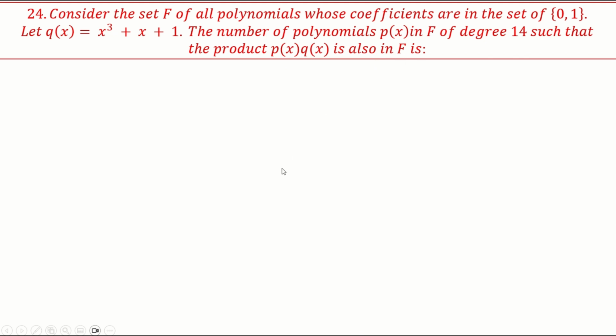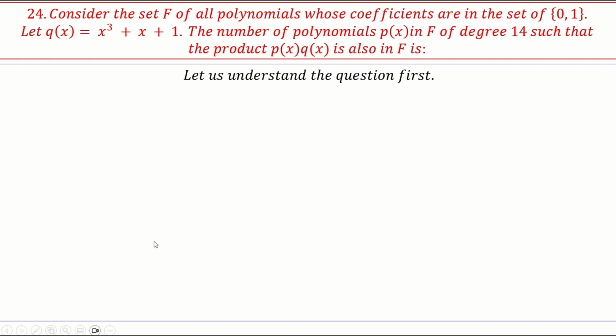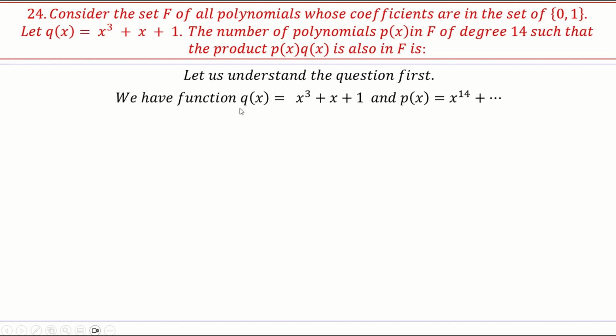Let's try to understand the problem first. We have a function Q(x) equal to x cube plus x plus 1, and P(x) is another function of degree 14, which means you have a leading term x power 14, plus something else.